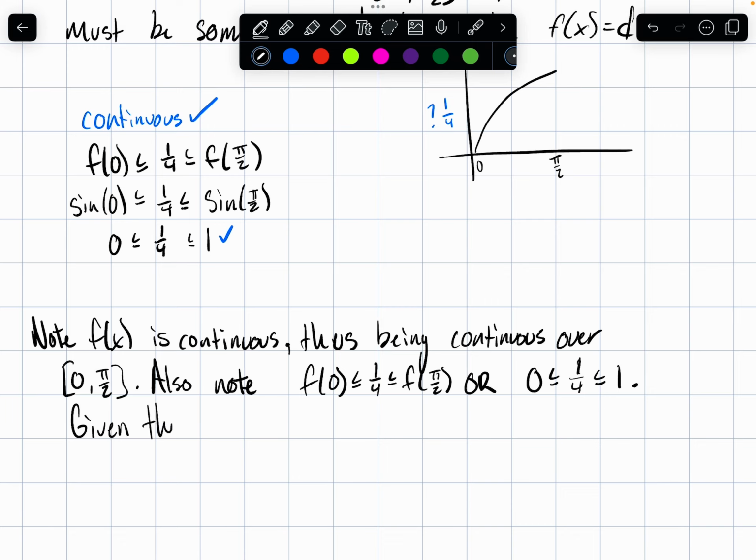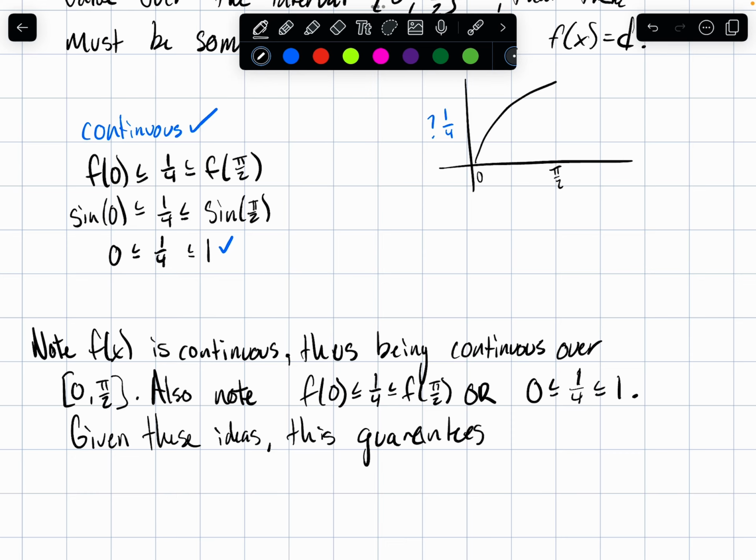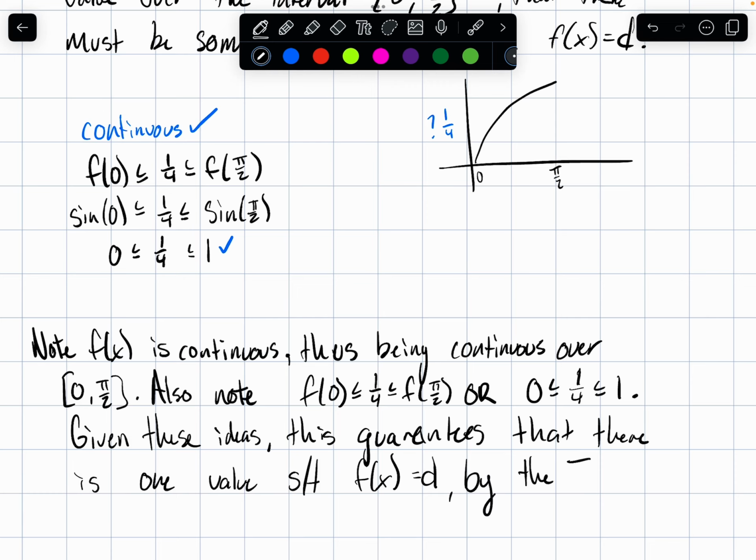So given these ideas, this guarantees that there is one value such that f of x equals d, by the intermediate value theorem, so by the IVT.